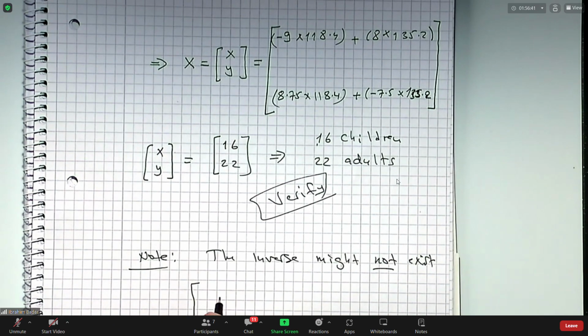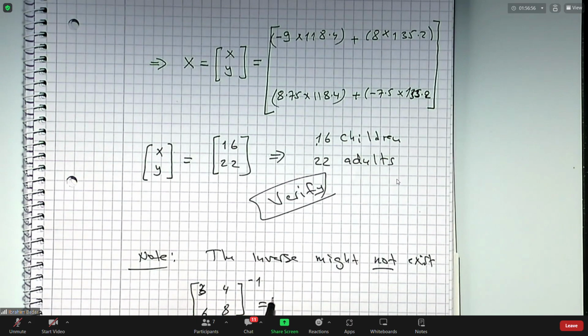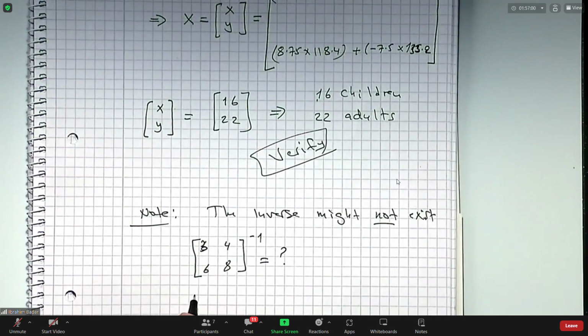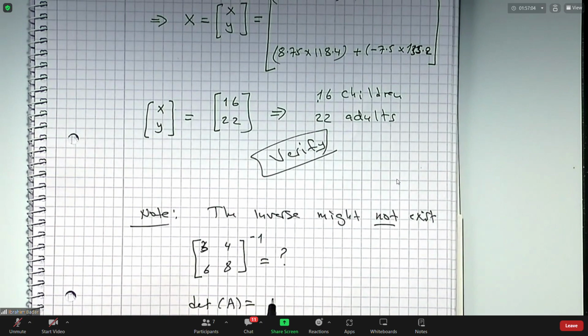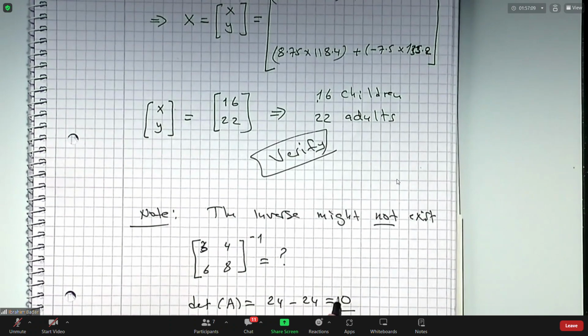So here you just have 3, 4, 6, 8, obviously. Okay. Now the first thing you do here is the determinant of A is equal to 24 minus 24, so it's 0.